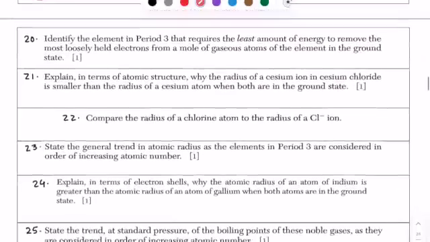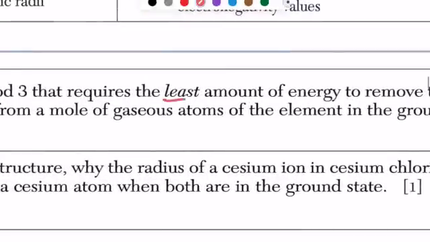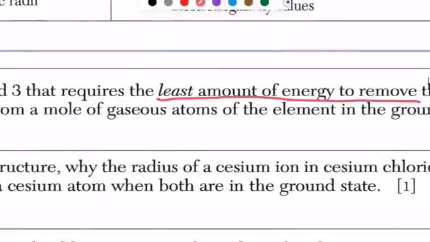Here are a few more questions. So identify the element in period 3 that requires the least amount of energy to remove the most loosely held electrons from a mole of gaseous atoms of the element in the ground state. So the question is saying requires least amount of energy to remove an electron.